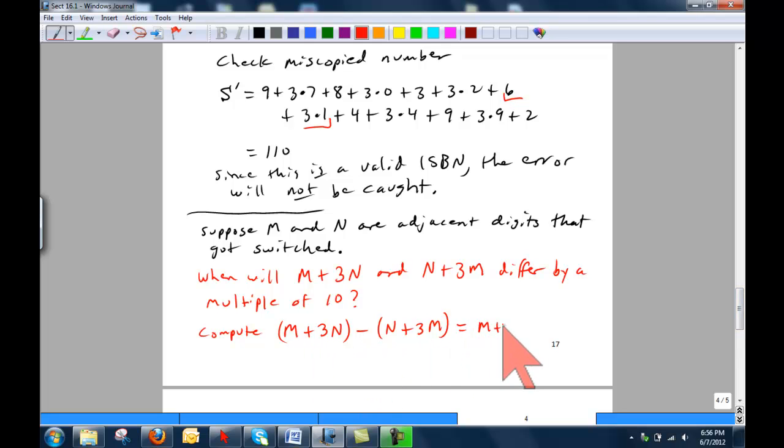This is m plus 3 times n minus n minus 3m. And that is minus 2m plus 2n. And that is minus 2 times m minus n if I factor out a negative 2.